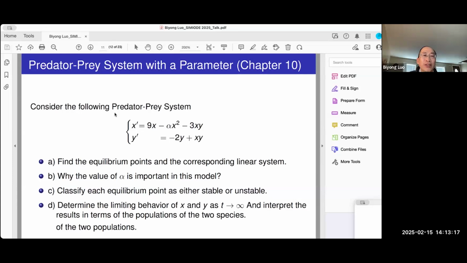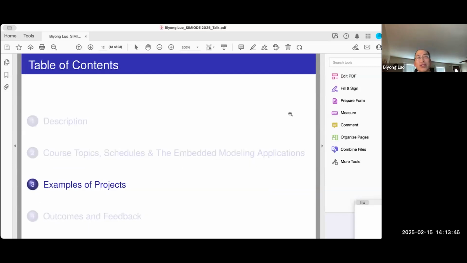This is given to students as a predator-prey system, and later on students will describe the limiting behavior of x and y as t goes to infinity, and interpret the answer in terms of the population of the two competing species. So that's a typical embedded ODE application in each chapter of the course.